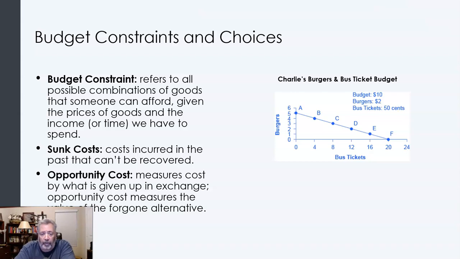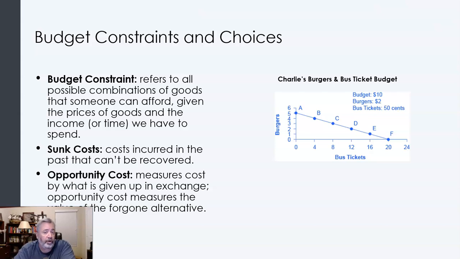Okay, so at $2 a burger, we can buy at most 5 burgers. But if we put all of our money towards 5 burgers, we have no money left over for bus tickets. Similarly, we can buy as many as 20 bus tickets. But if we buy 20 bus tickets, we have no money left over for food. We're going to be hungry before the end of the day, right? Okay? Those are budget constraints.